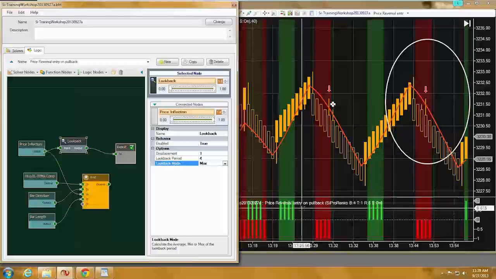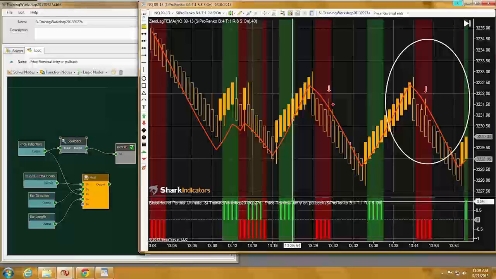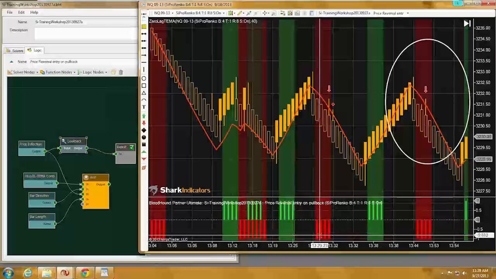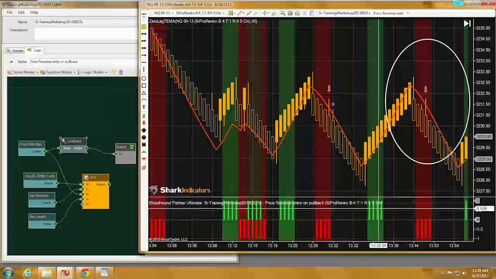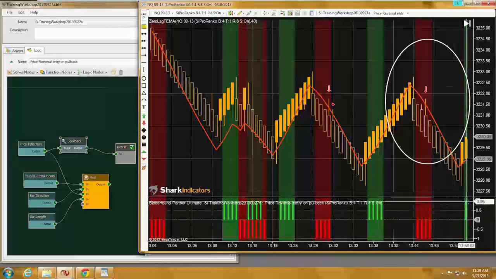Remember, the technical term for this long plot and short plot is your confidence value. When you get a long output of 1, we can see on our price panel here, we have an output of 1.